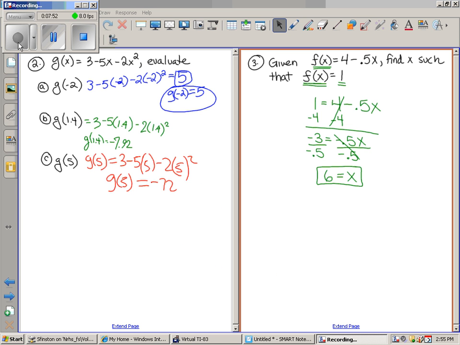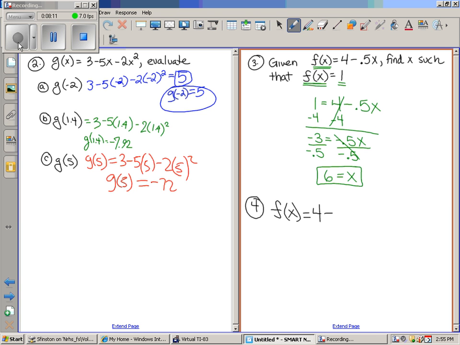Done? So this is the new thing that we learned. Let's compare it to the old one that you learned today. Okay? Suppose you are given f of x equals 4 minus 0.5x.